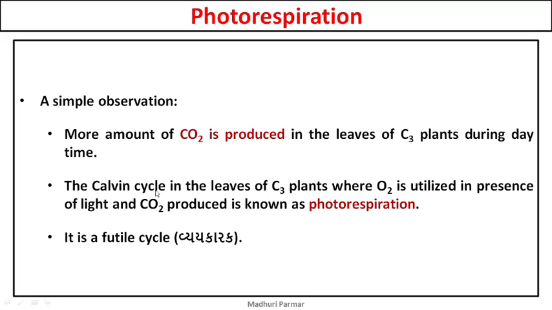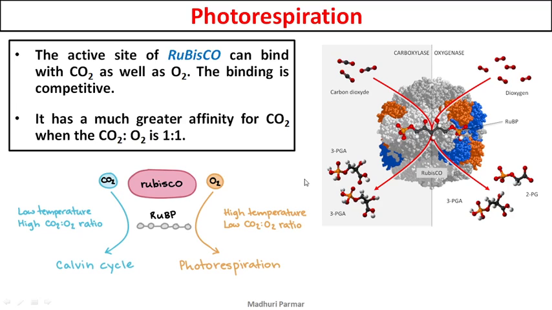This whole process is known as photorespiration. It is a futile cycle. Futile meaning you do not get energy out of it. It is just a trash cycle. You are not getting anything out of it. You are just trying to regenerate your RuBP. You will understand when we study.